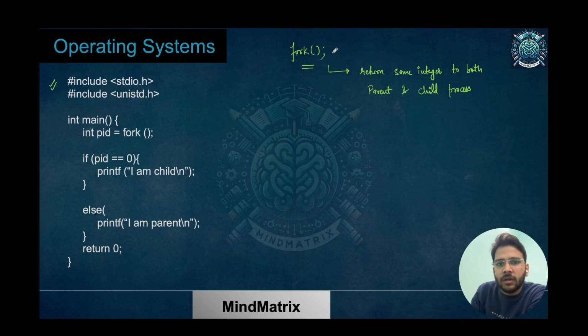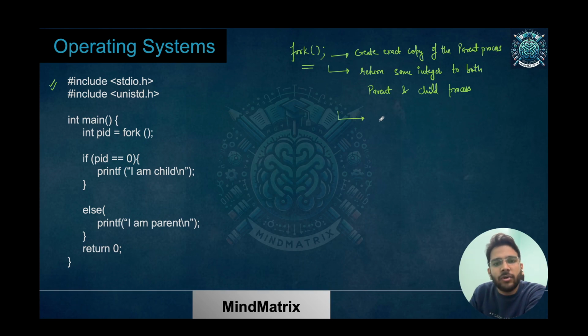This is the first thing. And also it is going to create an exact copy of the parent process, or the calling process, you can say. Clear? So first of all, it creates the exact copy of the parent process, and it returns some integer value to both parent and child process.